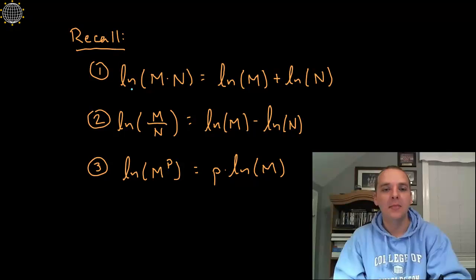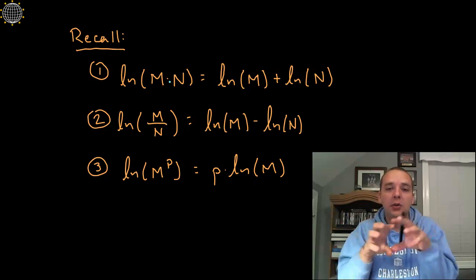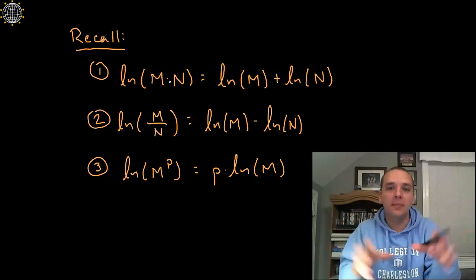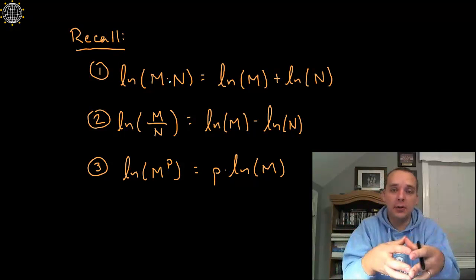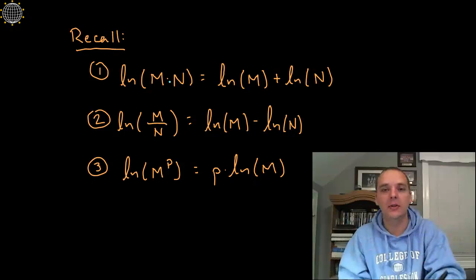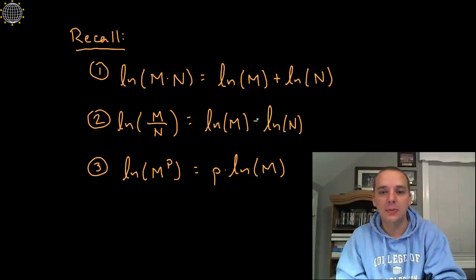They say this: if you have the natural log of a product, that's equivalent to breaking that up into a sum where you take the natural log of the first term plus the natural log of the second term. Division turns to subtraction, and if you have natural log of something to a power, this power can move out front and become a coefficient, and then there's no more power anymore.